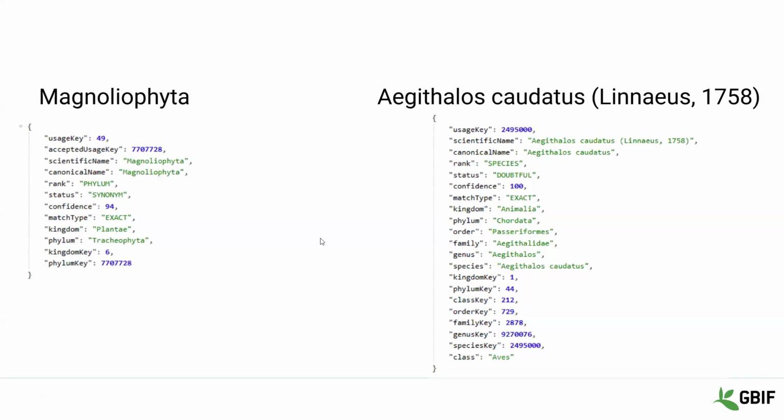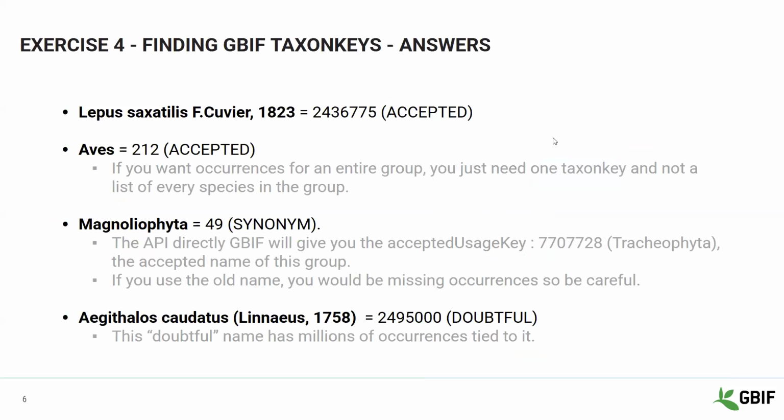Just to understand this, so that when you are running some of your queries, you know how you need to be using that data. So this part is for us to just learn about that. Yeah, so these are the taxon IDs and this is a little bit of explanation.